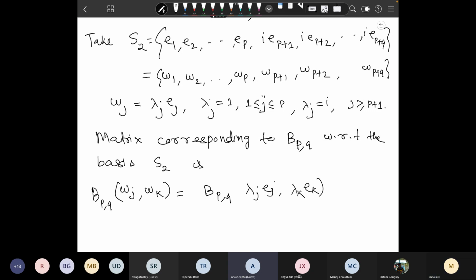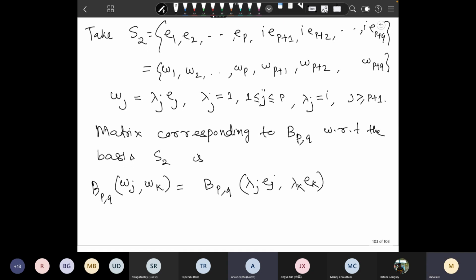So that will give you, by bilinearity, lambda j lambda k B(P,Q) of Ej and Ek. So you will get that if j is not equal to k, B(P,Q) of Wj and Wk is equal to 0.